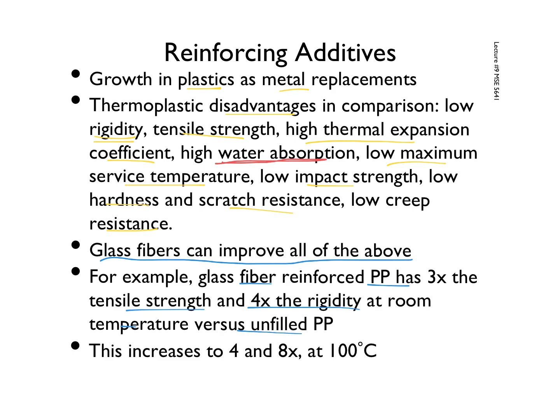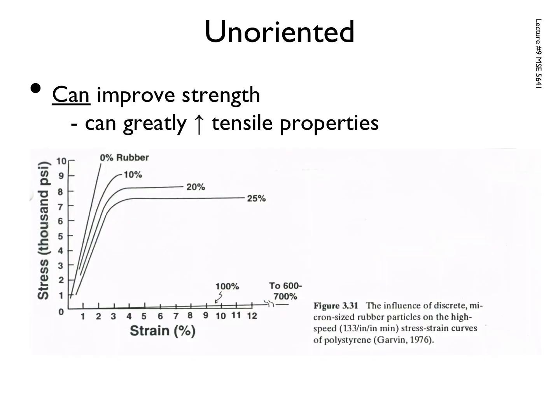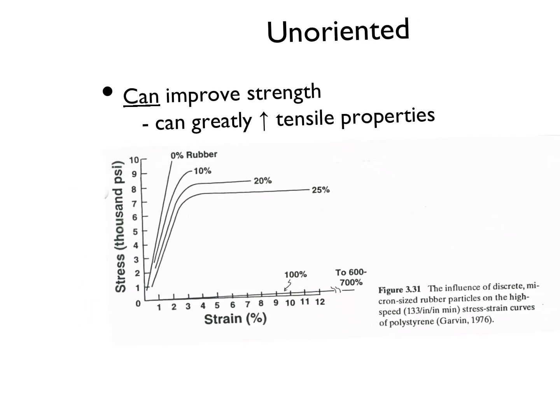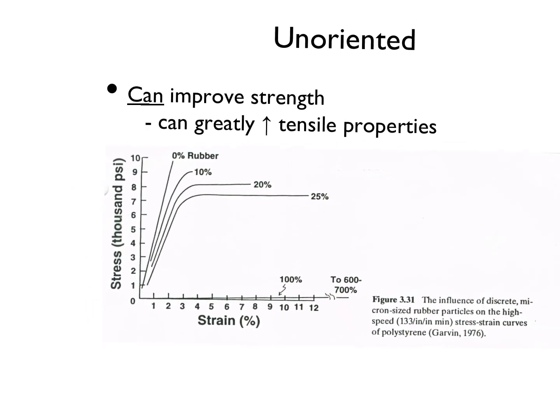So big changes in these properties, and this increases to 4 and 8 times respectively at 100 degrees centigrade. So we're really increasing these properties even at higher temperatures. So it overcomes a lot of the limitations of these plastic materials. Any questions about that so far? So we talk a lot about fibers because that's the high-tech, really splashy applications of composites.